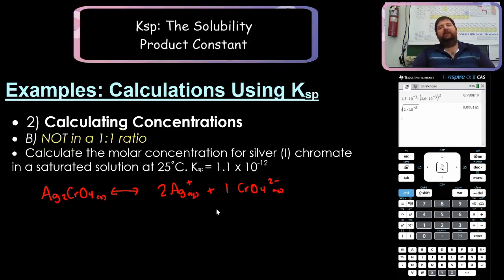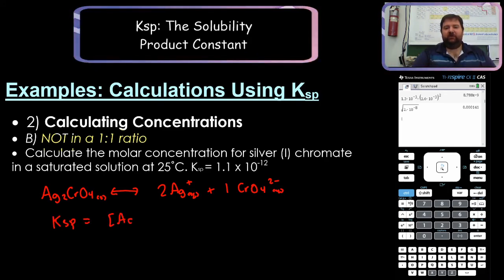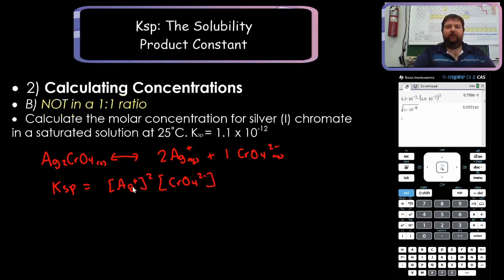So I have my balanced dissociation reaction, which means I can write my Ksp expression, which is going to be the concentration of silver to the power of 2 multiplied by the concentration of my chromate. There we go. I also know the Ksp is 1.1 times 10 to the negative 12.